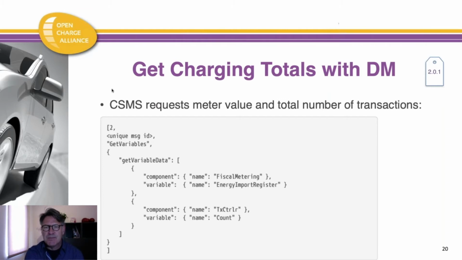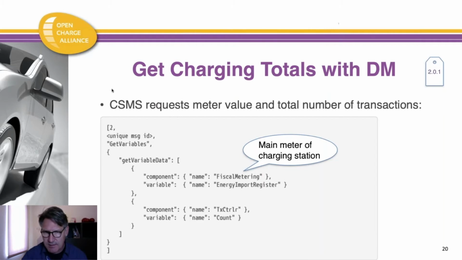So I say, I want to get the variable from the main meter of the charging station, a component. It's a standardized name, a defined name for this component: physical metering. And I want the value of the variable energy import register. This is also a standardized name in the specification: such a meter has a register, and it would be called like this.